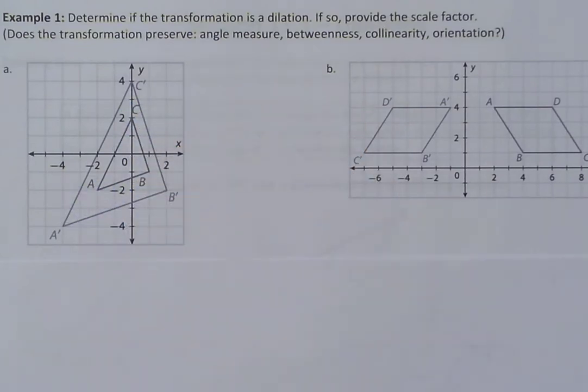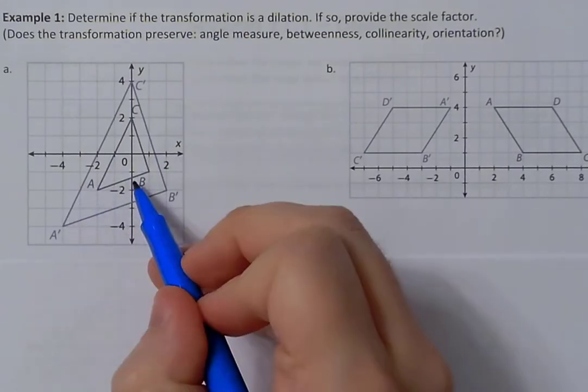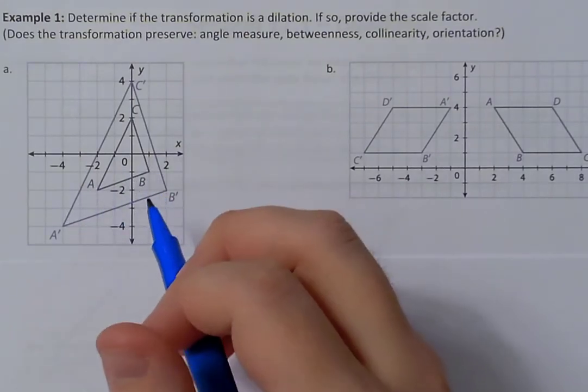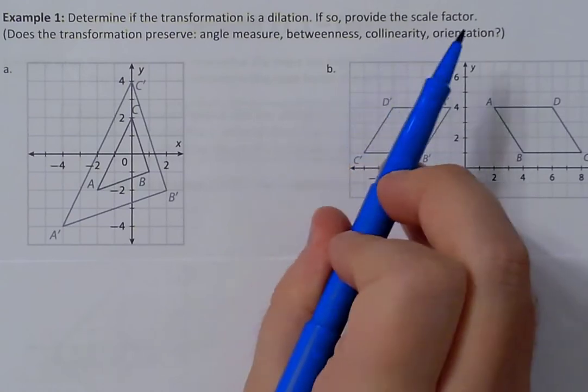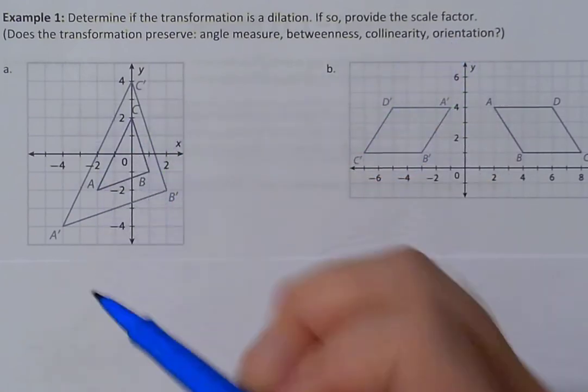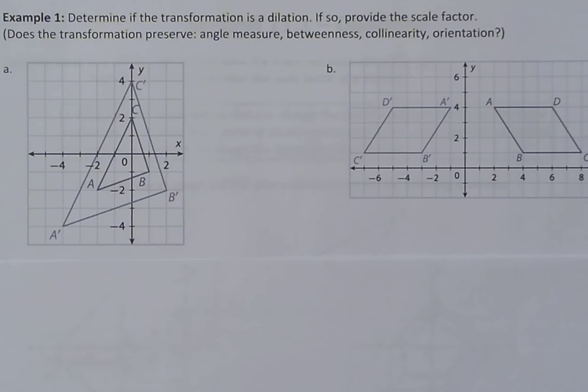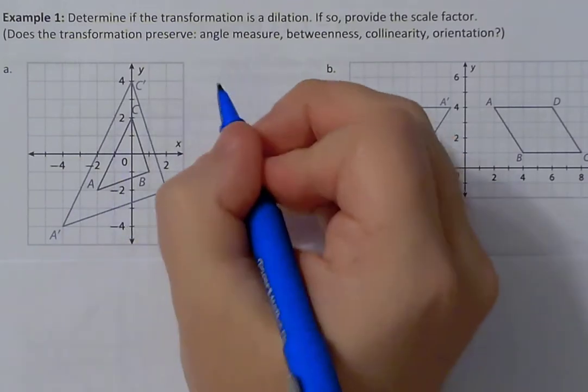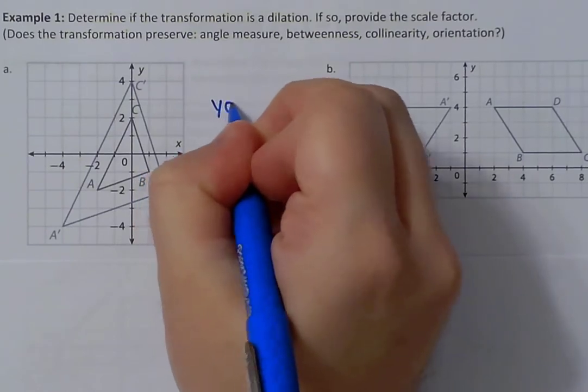It doesn't mean that it has to be the same distance for all three sides, just the whole way through that side. Orientation, is this facing the same way? Okay, it is. And by looking at this, you can determine that this is a dilation. So this is a yes.